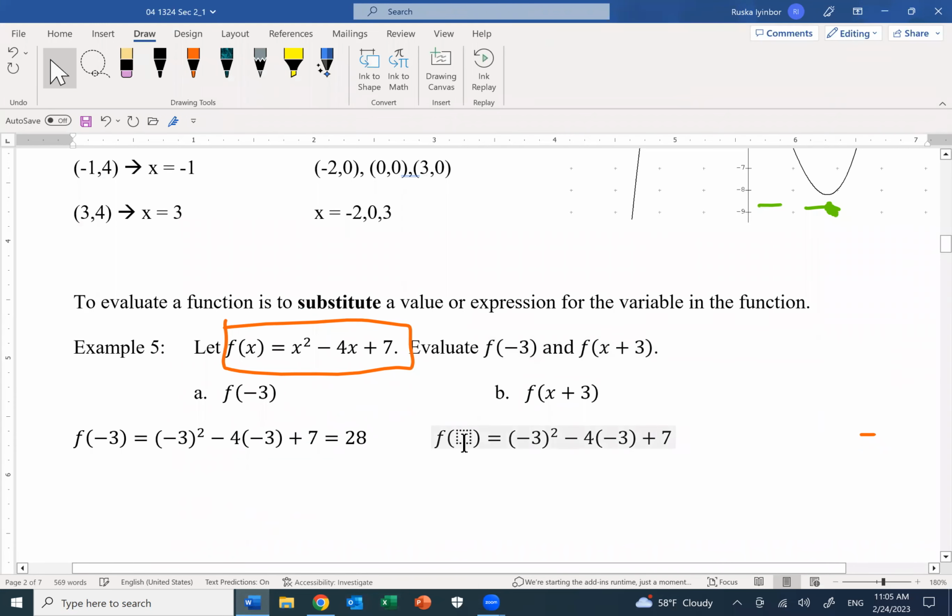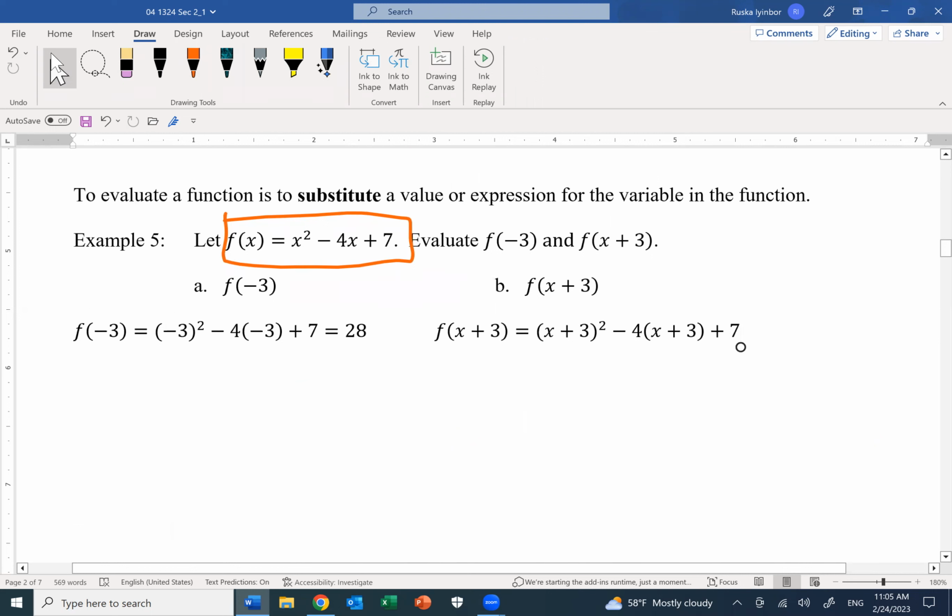And then here, because we don't have only numbers, we have also x's, we're going to simplify this expression. And how you simplify the expression, we're just going to do the parentheses first. We're going to FOIL. And then after that, we're going to distribute the parentheses and we're going to simplify. So first, we're going to do x plus 3 squared. Now, x plus 3 squared means x plus 3 times x plus 3.